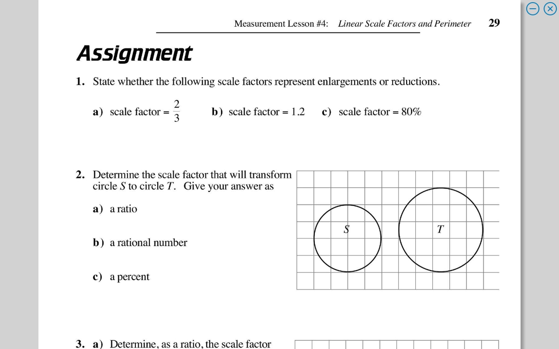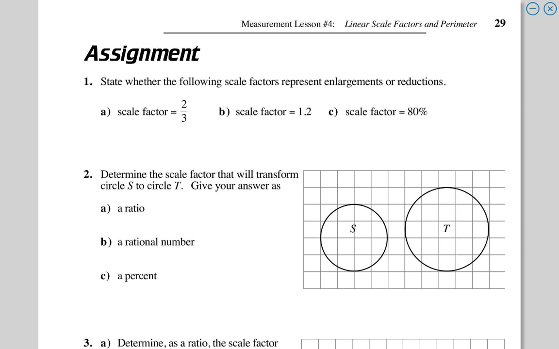Let's have you quickly do number 1. I'll give you 1 minute, then we'll go over the answers. All you have to do is put reduction or enlargement, so you can put E or R. What's the first one? What's the decimal for 2/3? 0.6. That is less than 1. Therefore, this is a reduction.